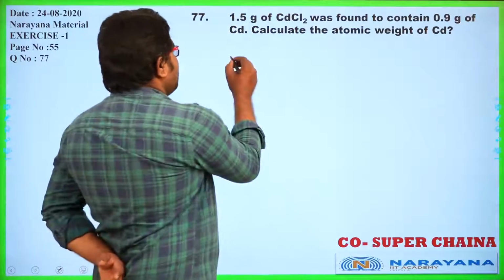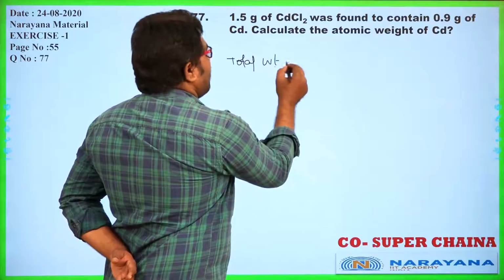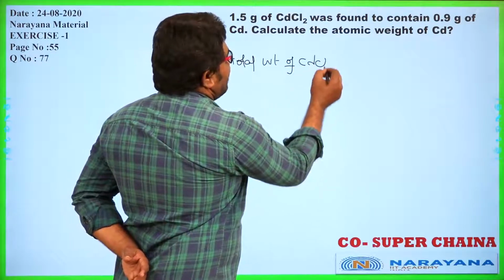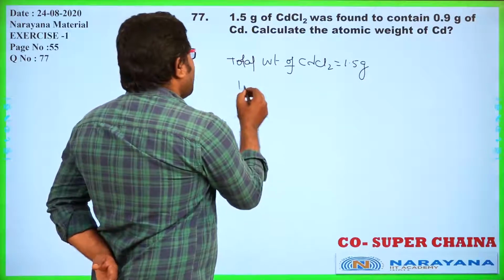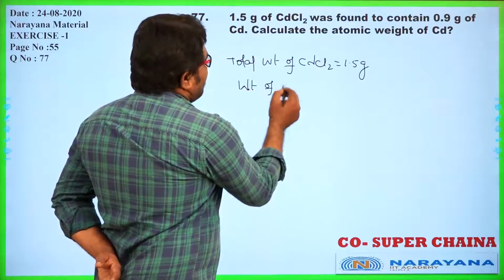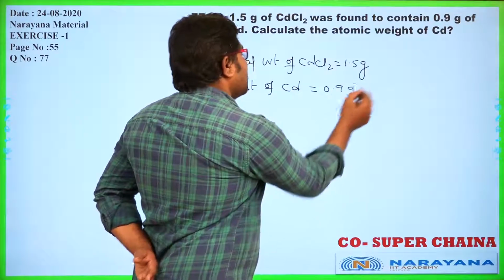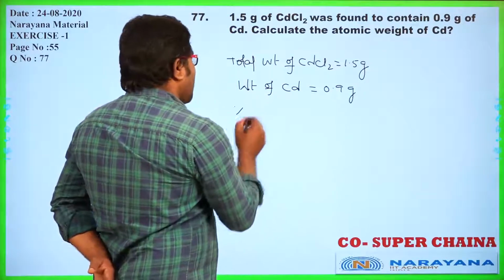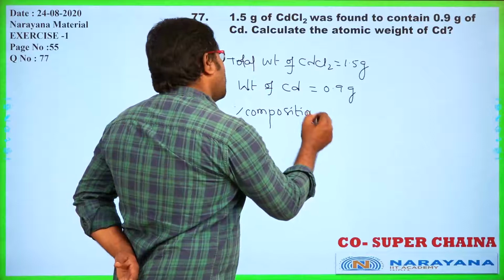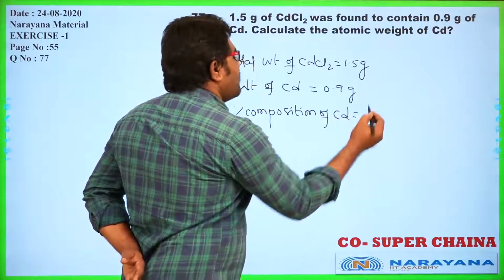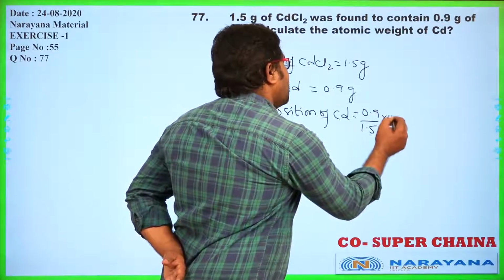See here, total weight of CdCl2 is equal to 1.5 grams. Among that, the weight of cadmium is equal to 0.9 grams. So the percentage composition of cadmium is equal to 0.9 by 1.5 into 100.